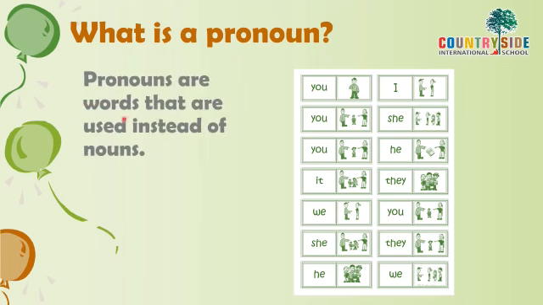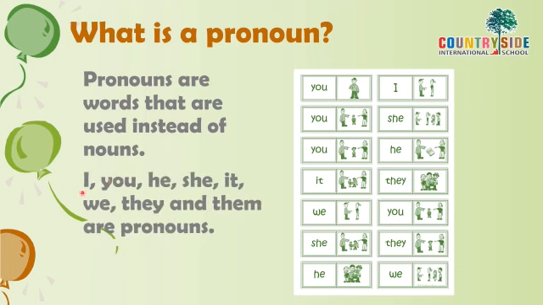Pronouns are words that are used instead of nouns. Once we use a noun, from the second sentence, we can use a pronoun there. If we don't write the lion everywhere, instead of the lion, we can write it or he.